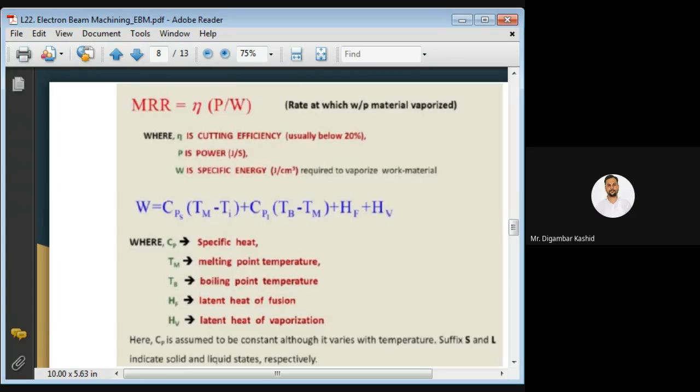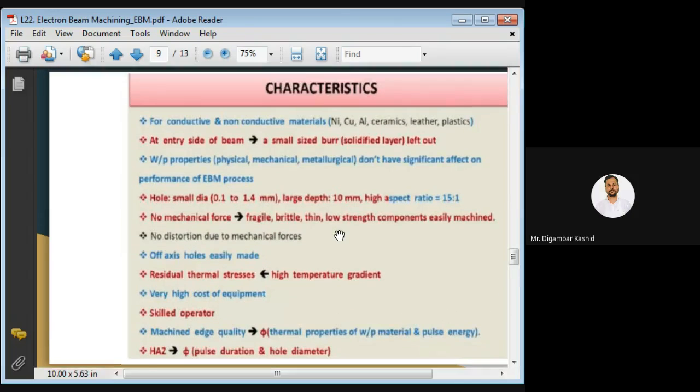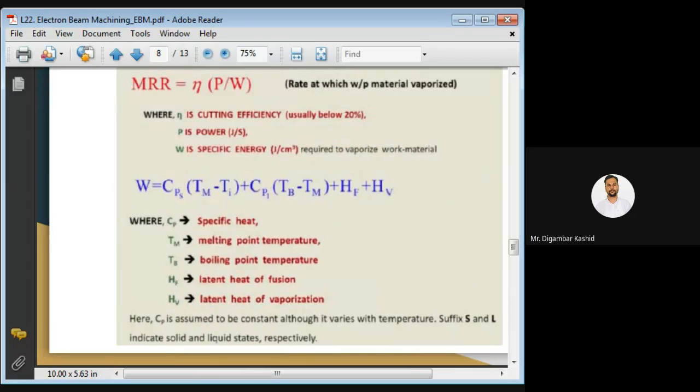HF is the latent heat of fusion, and HV the latent heat of vaporization. So using that formula you can calculate the specific energy. We got this formula from different research papers.